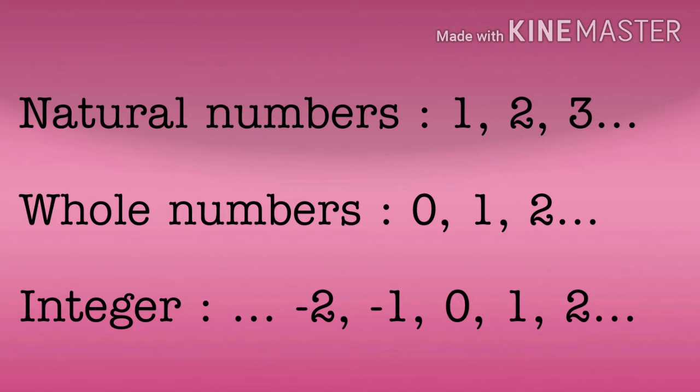Value of numbers which is less than 0. Minus 1 or negative 1 is less than 0. Negative 2 is less than negative 1. Positive numbers means our set of natural numbers 1, 2, 3, etc.